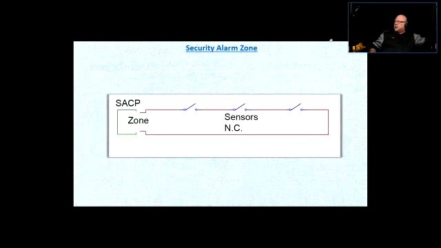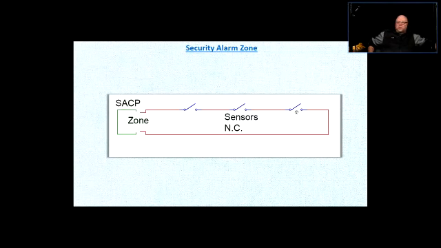So in a security alarm, remember we had the zone, and we would have a loop with the devices connected in series. Because usually, unless it's an end-of-line system, the loop has to be closed, and the sensors would be opening, suggesting a condition.